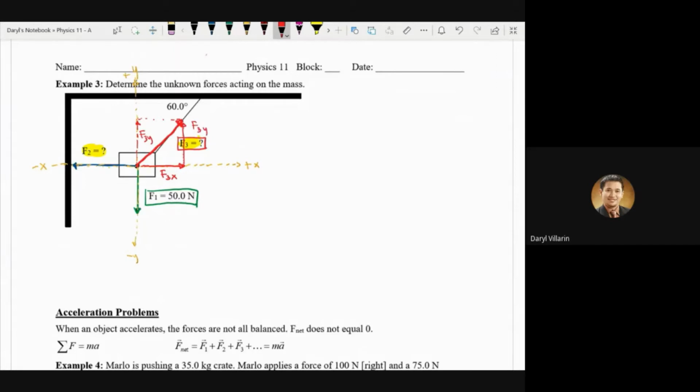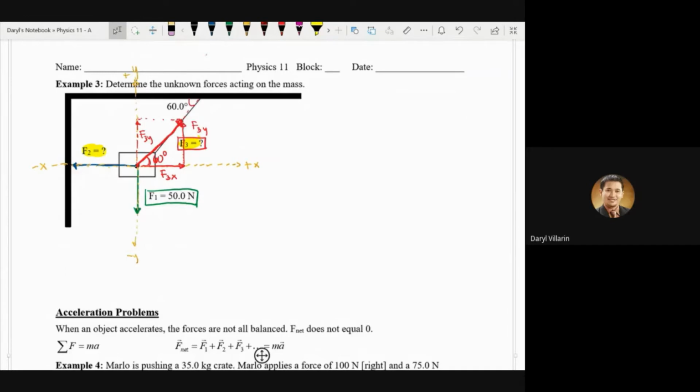Again, as earlier, if this is 60 degrees, the other one should be 30 degrees. So this angle here is 60 degrees, located between our F3x and the vector F3.